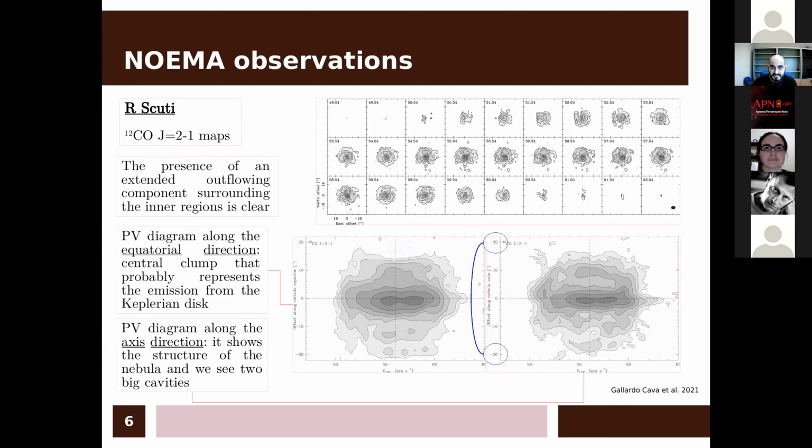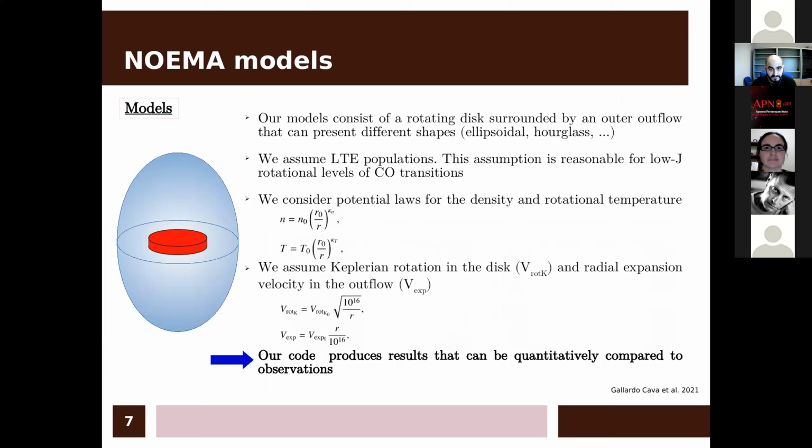These are our maps, but we have to model them to extract physical information. Our models consist of a rotating disk that is surrounded by an outer outflow that can present several shapes, such as an ellipsoid or an hourglass or whichever. We have considered power laws for the density and rotational temperature.